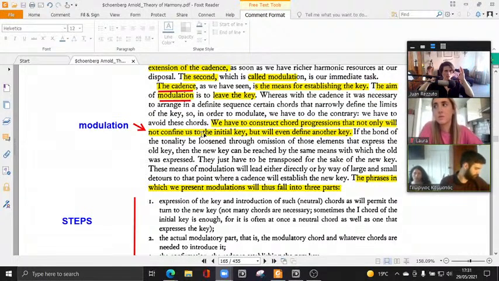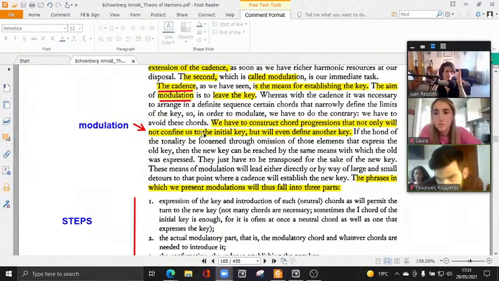There are two notes, let's say, that we need, that are unique to that key, and there you have this accidental.